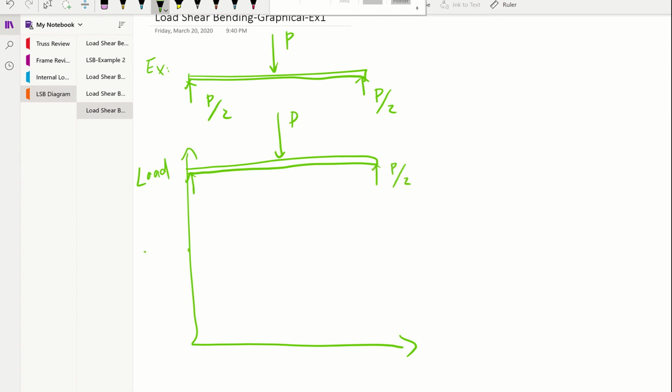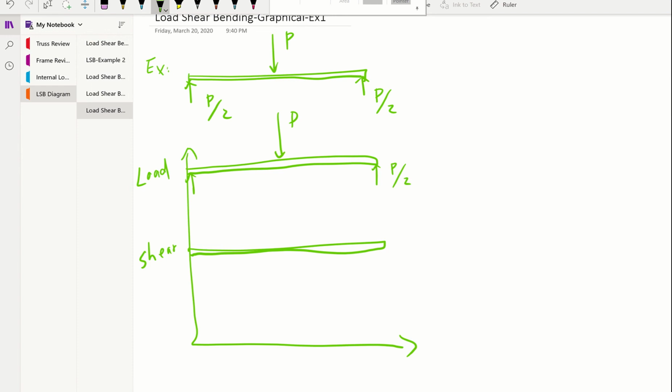For shear, I hope at this point you will pause the video and take the notes you had last time in terms of the rules for the graphic approach and have them by your side so you can follow along to apply them to this problem.